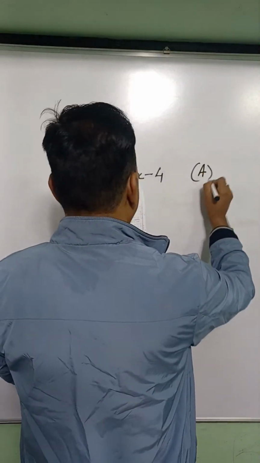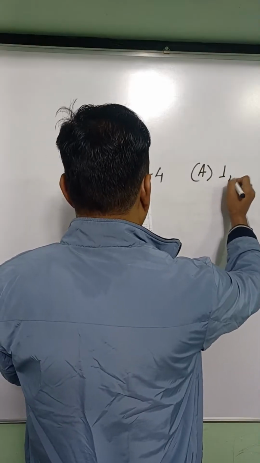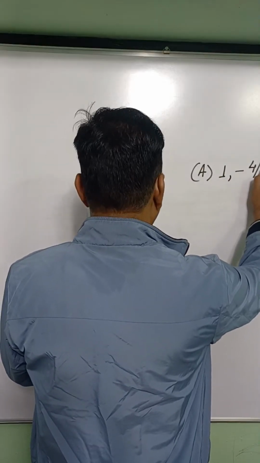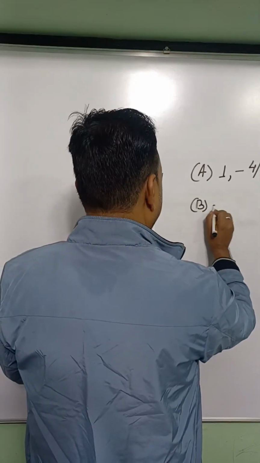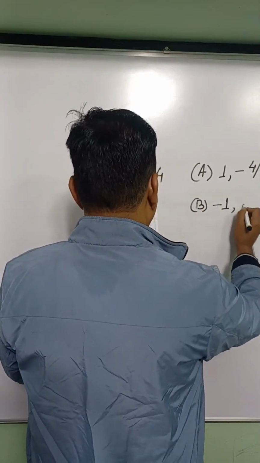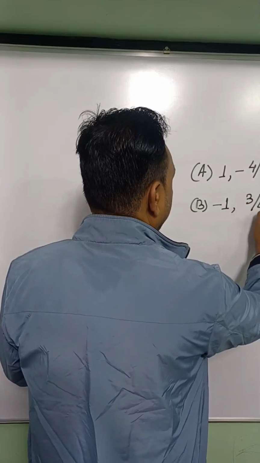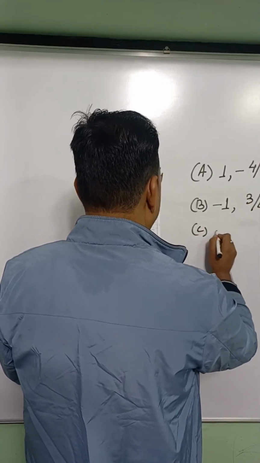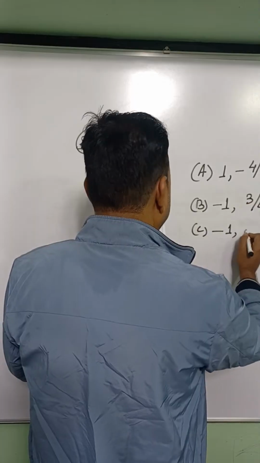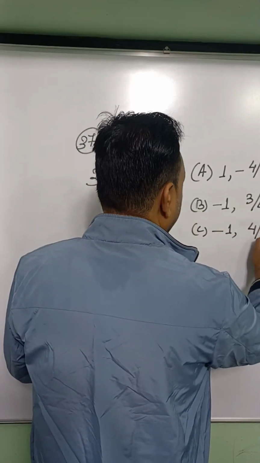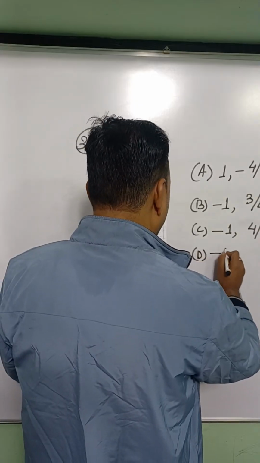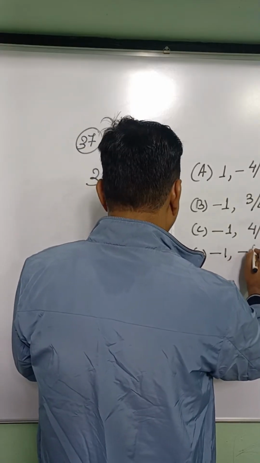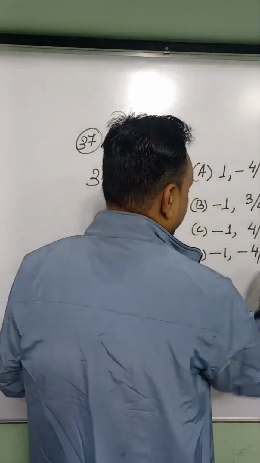I'll write the options here so that you can link them with the question and easily grab the answer. That's why I'm writing the questions. I will read everything I write on the board so that you can easily catch up.